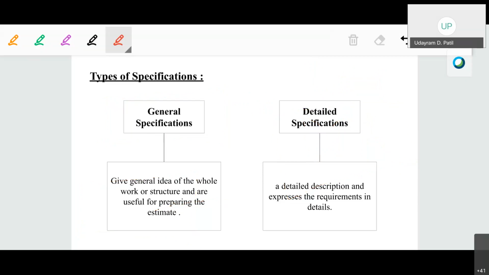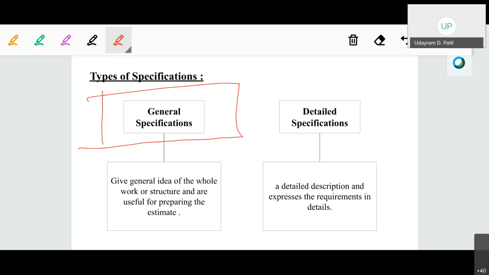Suppose in case of the PCC work, the general specification will just mention the proportion. The cement grade will not be given, or the size of the aggregate will not be given. General size is assumed, general fine aggregate size or general coarse aggregate size will be assumed. Only the proportion of the various aggregates will be given.